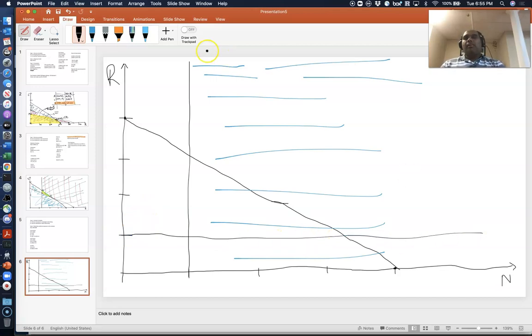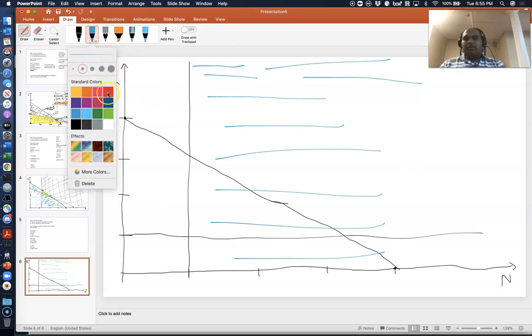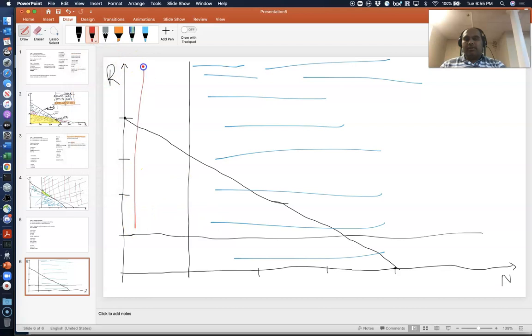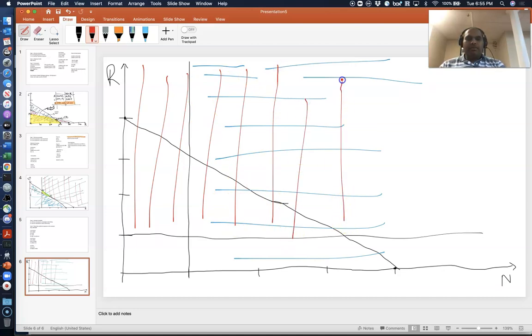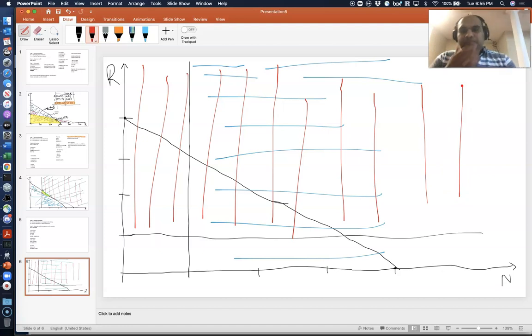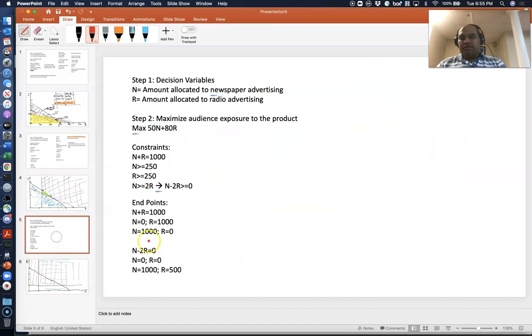It's a horizontal line. And for this, again, it's a greater than or equal to constraint. So everything is going to go this way. Everything such that the value of r is greater than or equal to 250, everything on this side.